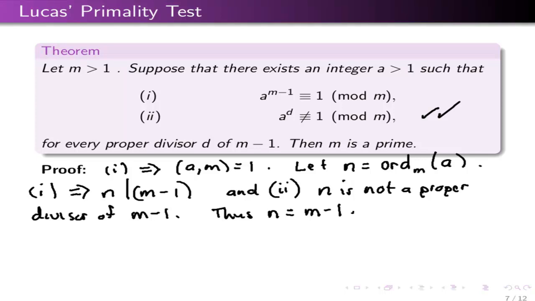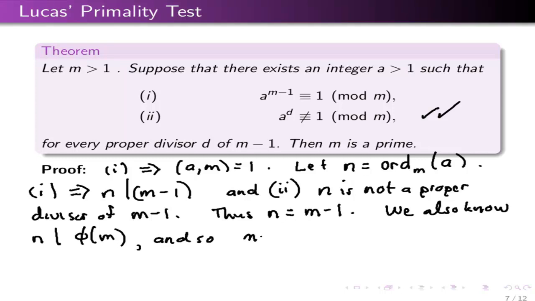Now, we also know that the order of any element is a divisor of the group order. So we also know n is a divisor of the Euler phi function. That's the group of units order. So m minus 1 must be a divisor of the Euler phi function of m.